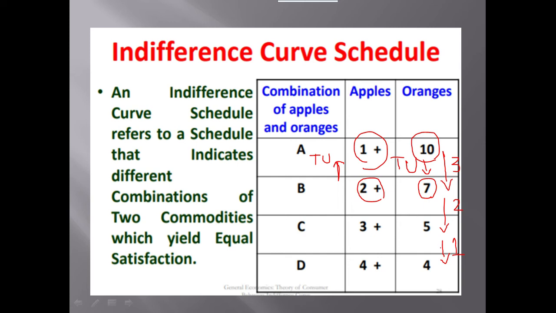Because of diminishing marginal utility: as the quantity of apple increases, the marginal utility received from the consumption of apple decreases, and as the quantity of oranges decreases, the marginal utility received from oranges increases. Therefore, the individual is willing to give up fewer and fewer oranges.